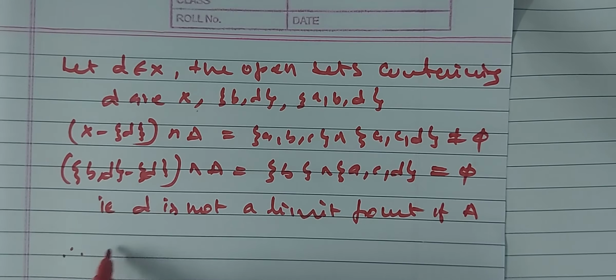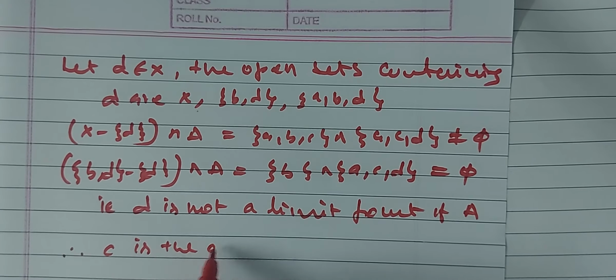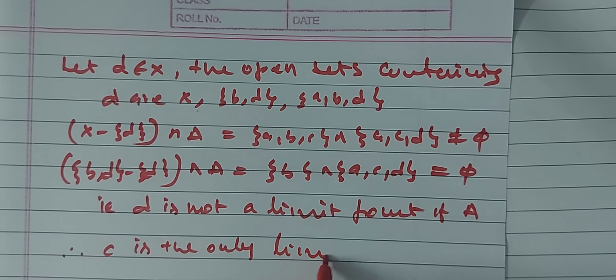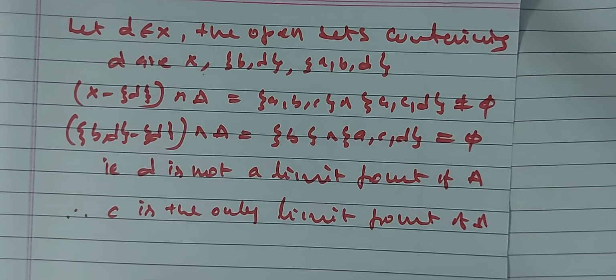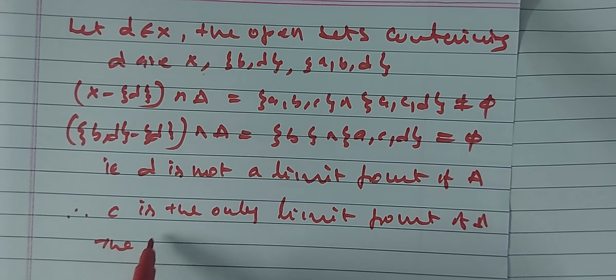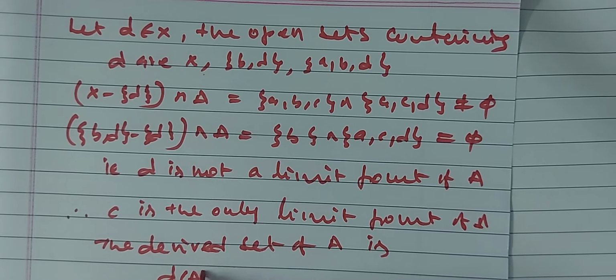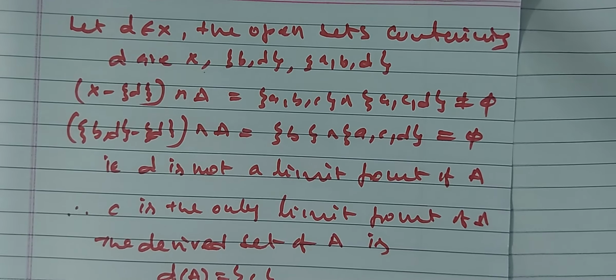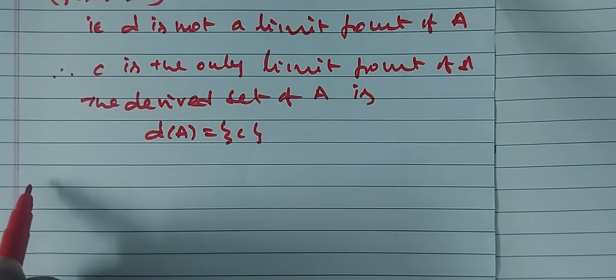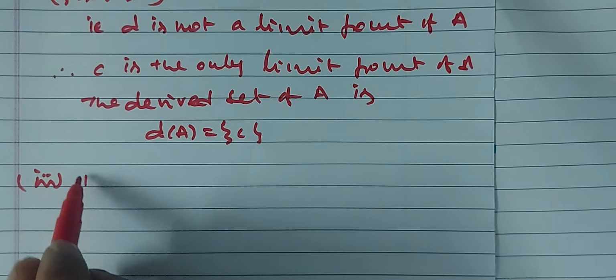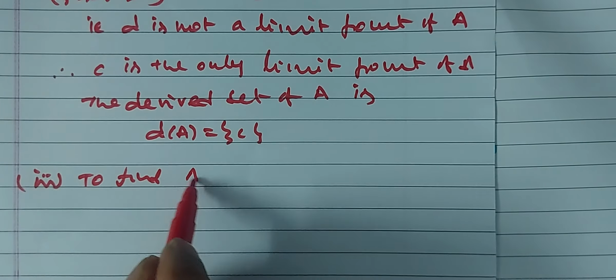Therefore C is the only limit point of A. Next, the derived set of A, D(A), is equal to {c}. Next, the third one, to find A interior.